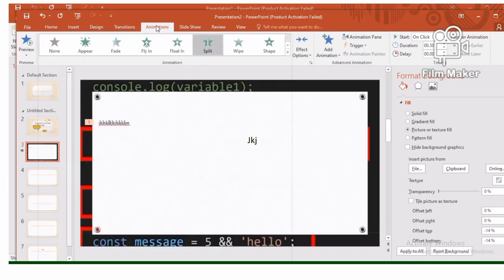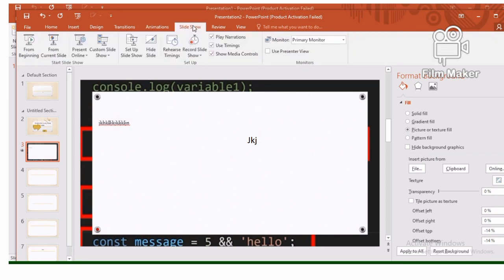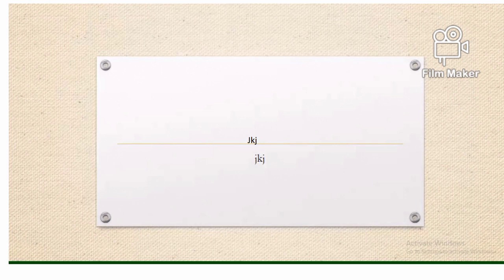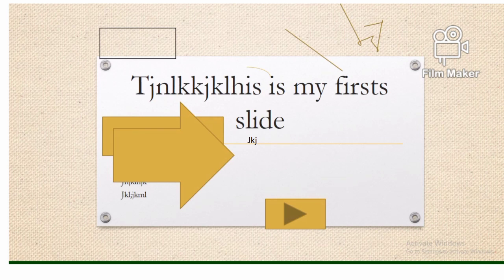Now let's go to slide show. The slide show allows us to show all our slides on a full screen, and then we can play them one after the other. Now when we use the from beginning, it will automatically begin from the first slide. So let's try it and see. As you can see, we are there. If I click enter or any button at all, it is transitioning from one slide to the other.